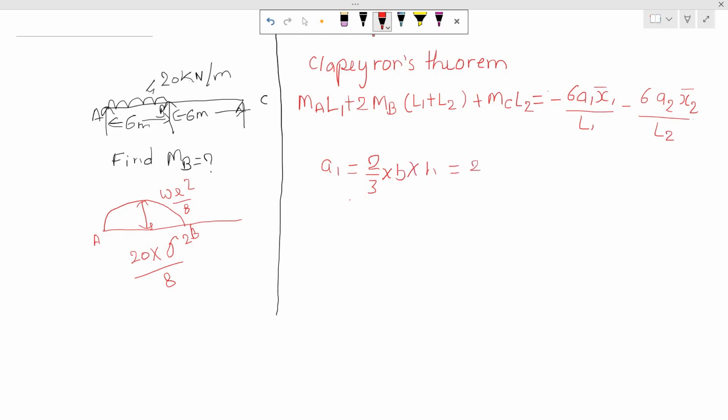So here 2 by 3 into B, the width, which is the span length 6, so B will be 6, and H is the coordinate at center, which is WL square by 8, which is 20 into 6 square divided by 8.